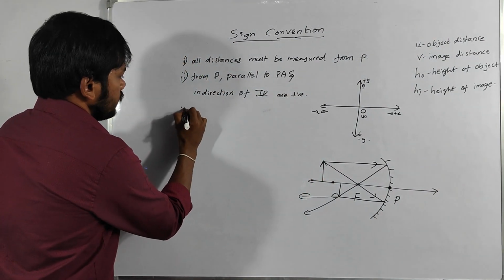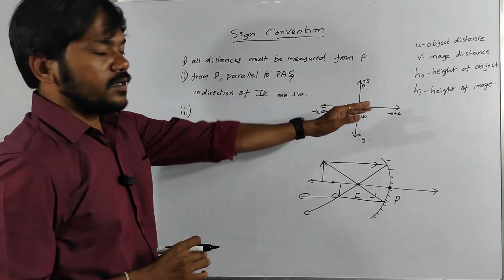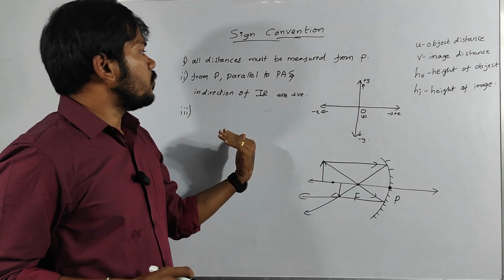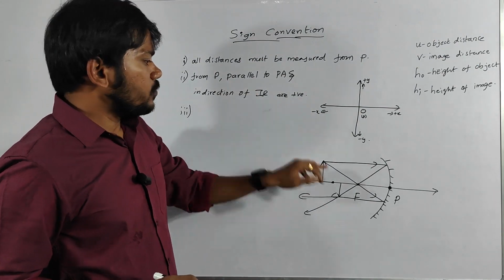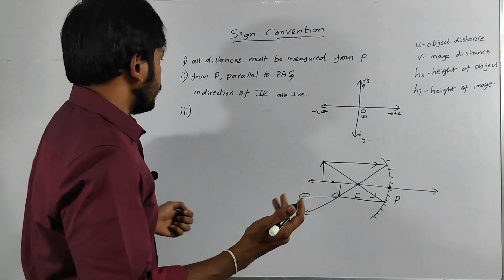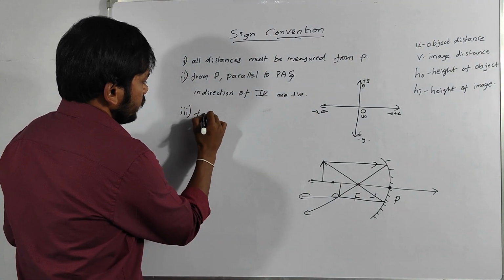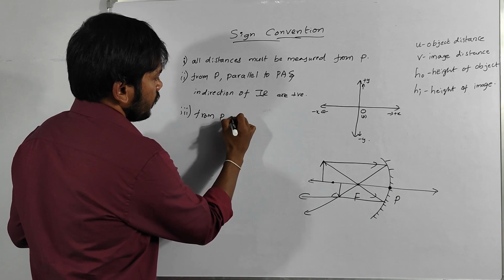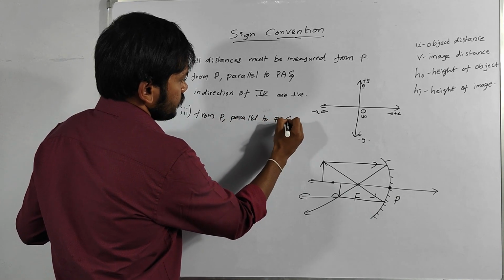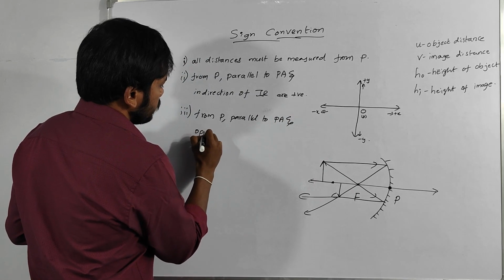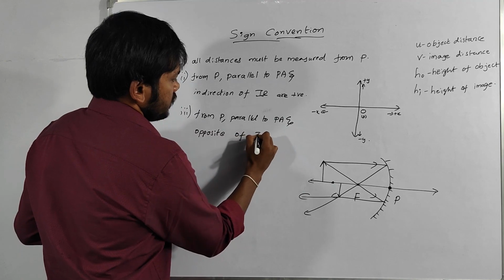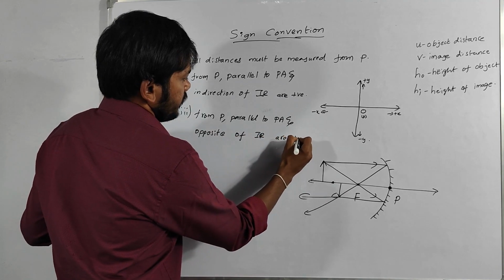And the third point, the vice versa of it: distances opposite to, not in the direction of, the incident ray, from P parallel to the principal axis, opposite in direction of the incident ray, are negative.